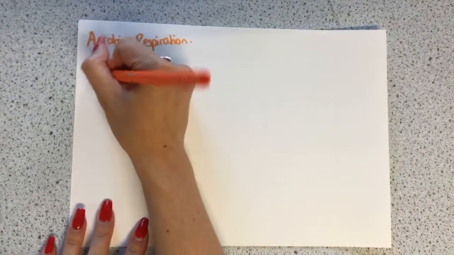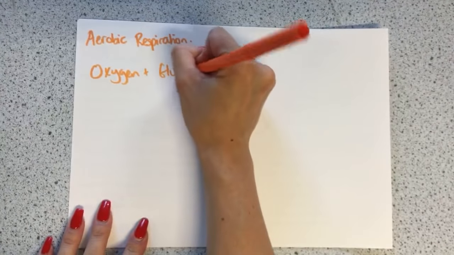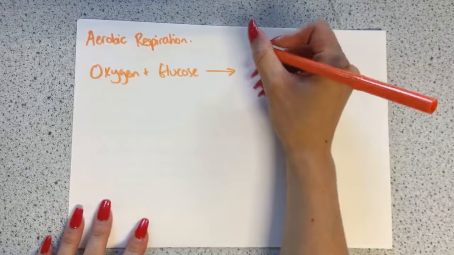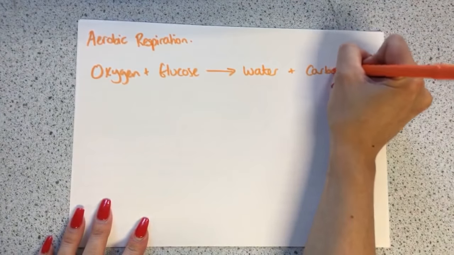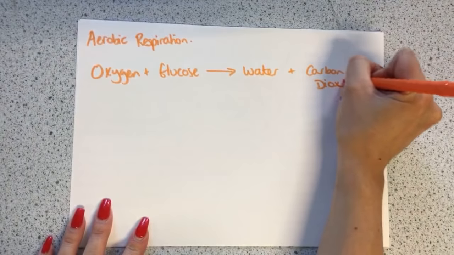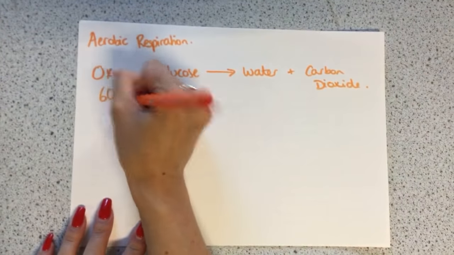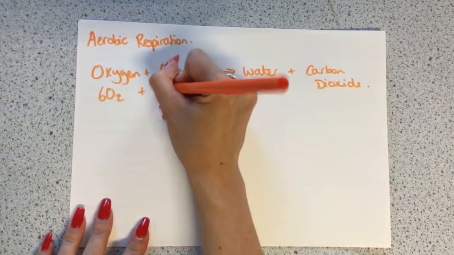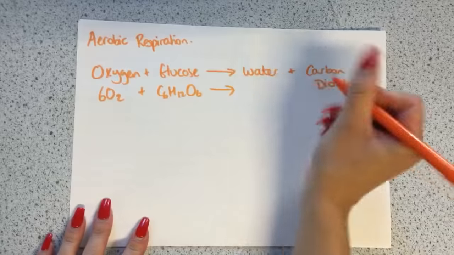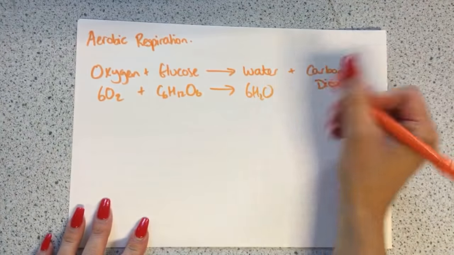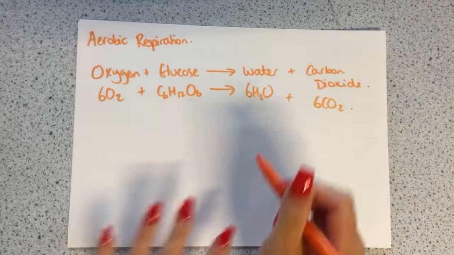So this time you're using oxygen plus glucose, and that gives you water plus carbon dioxide. Okay, and the symbols are all exactly the same with the exact same numbers in front. So C6H12O6, 6H2O, and 6CO2.